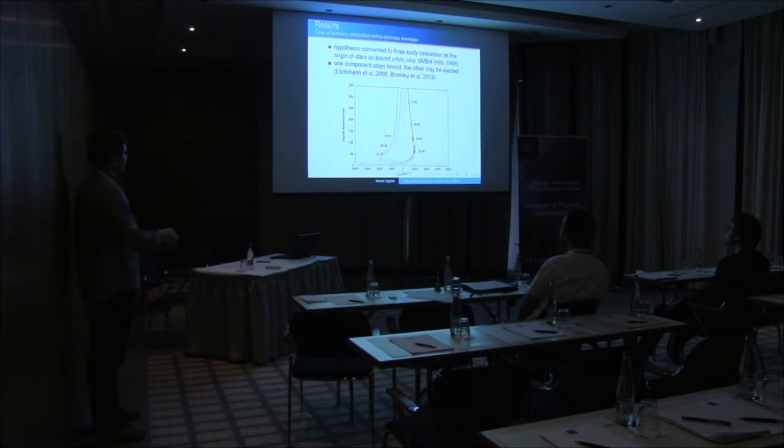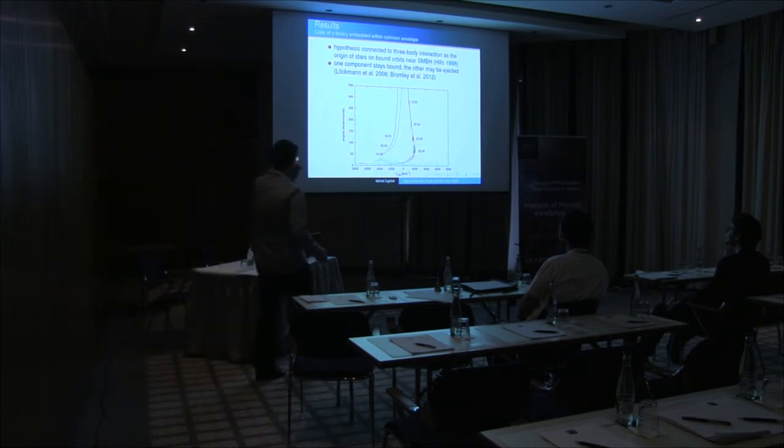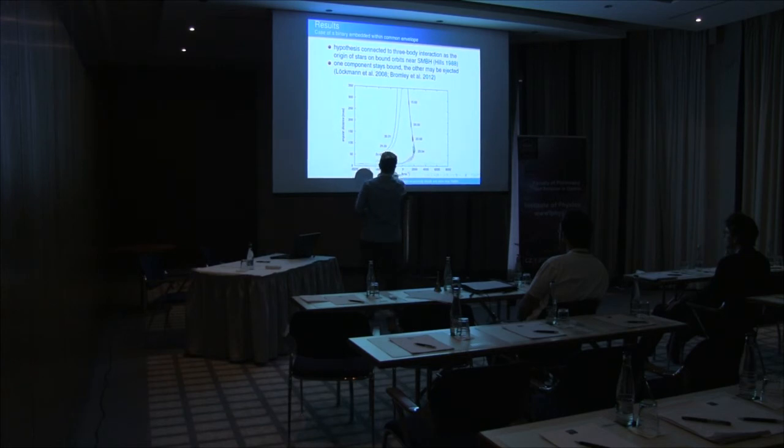This is in a PV diagram. The radial velocity of the escaping neutron star can be more than 1,000 kilometers per second.